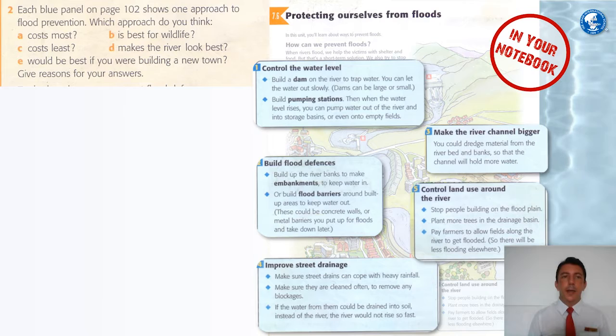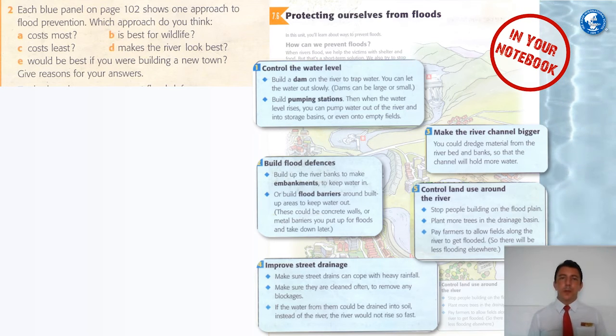So which one do you think A, costs most, B, is best for wildlife, C, costs least, D, makes the river look best, and E would look best if you were building a new town? And give reasons for your answer. So again, pause the video, and when you've finished, continue and we'll compare answers. Okay, let's check. So which one costs most?